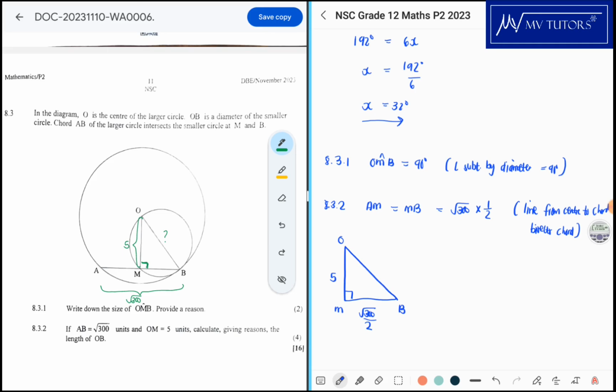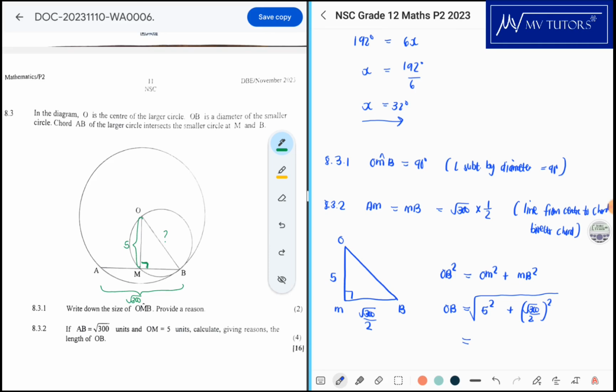So we can then use Pythagoras by saying OB squared is equal to OM squared plus MB squared. And OM is 5, so that's 5 squared. So if I want OB, that's going to be the root of the entire sum. That's 5 squared, and MB is root 300 over 2 squared, and all of that is under a square root.